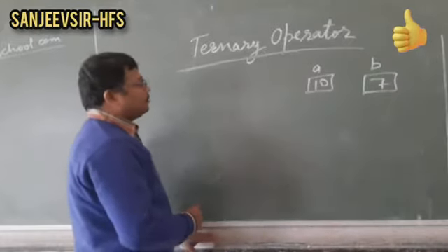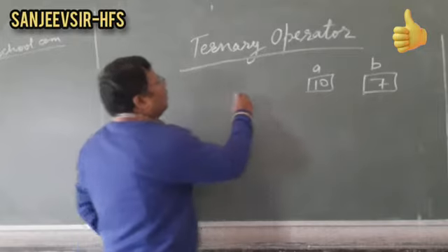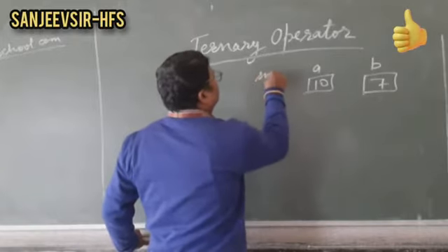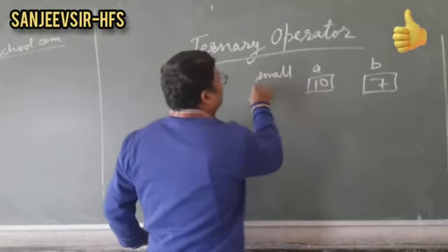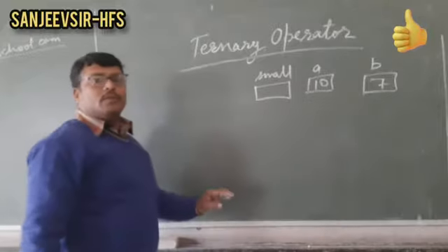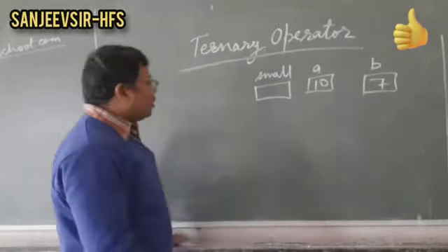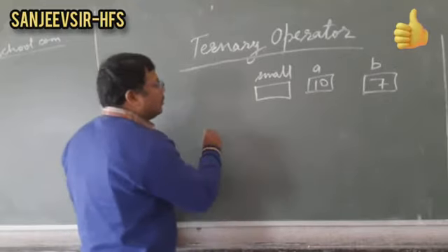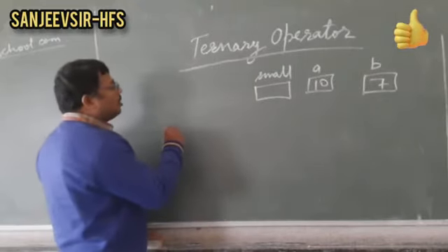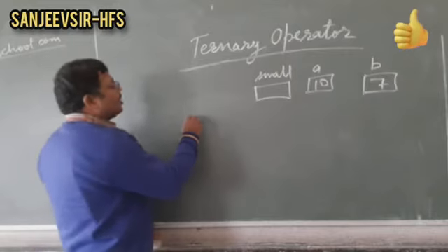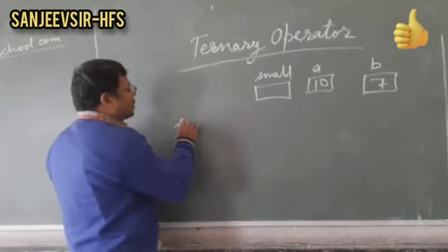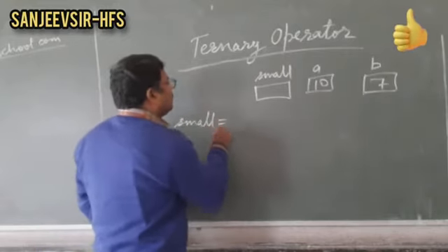How can we find it? So small, one variable we have taken, and in small we will assign the value which one is smaller. So using the ternary operator, how can we find the smaller between two numbers? Check here. We have to assign here the value in small.